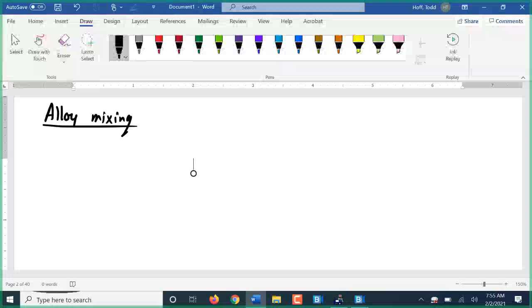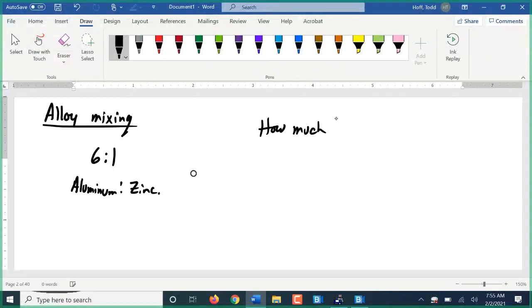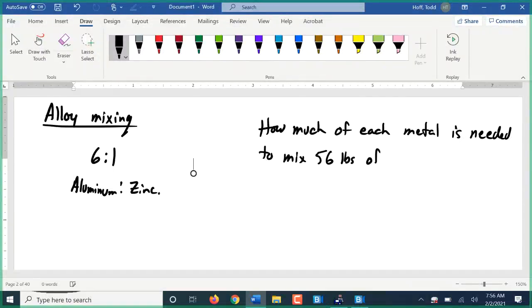If I'm going to mix an alloy with a 6 to 1 ratio of aluminum to zinc, I want to know how much of each metal is needed to mix 56 pounds of the alloy.